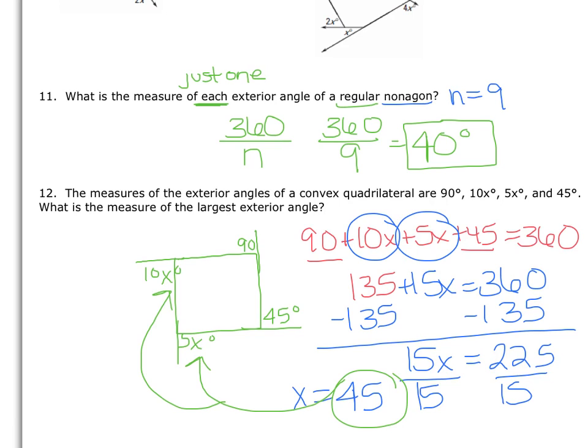All right, there we go. I caught my mistake. I knew that angle couldn't be 450 degrees. So your x is 15, plug that back in. So this one becomes 150 degrees. If we have 5 times 15, this one is 75 degrees, and we already have 90 and 45. So the answer to our question is 150 degrees.